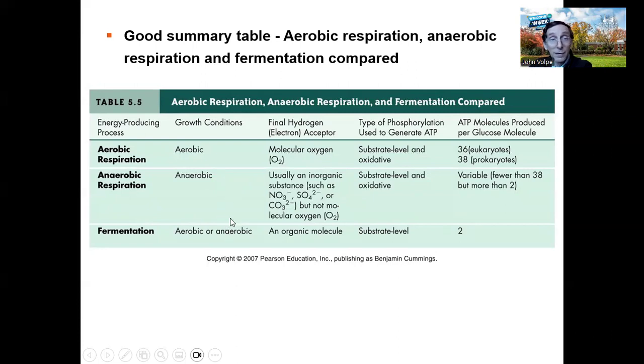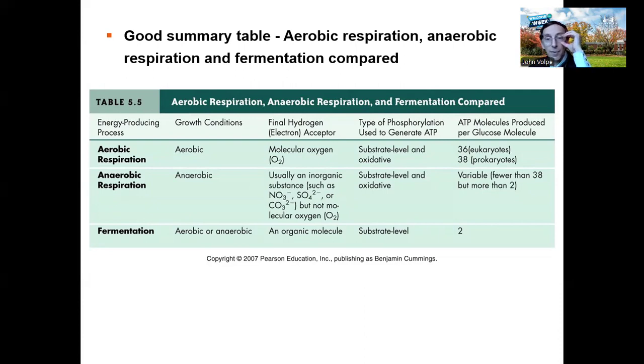Oxygen is not used in anaerobic respiration or fermentation. Anaerobic respiration happens in the absence of oxygen, usually, because most anaerobes can't work in the presence of oxygen. There are a few that can, but most do not. Fermentation can work either in the presence of oxygen or in the absence of oxygen. It doesn't use oxygen.